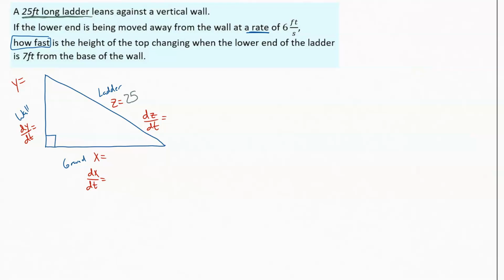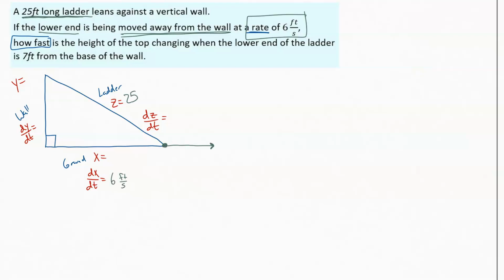It's telling us now that the lower end is moved away from the wall at a rate of 6 feet per second. That is a rate of change, that's a derivative piece. We're talking about how this lower end is moving in that direction. So that is a dx dt piece, our 6 feet per second.